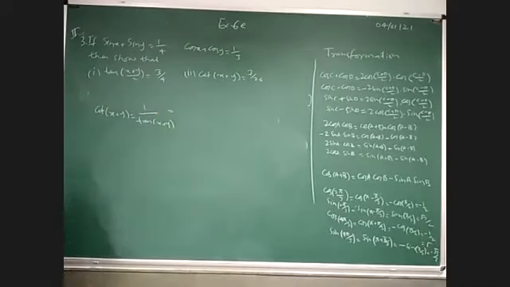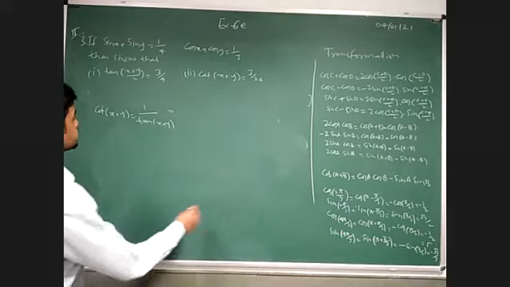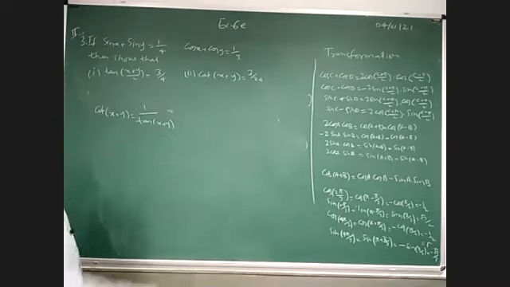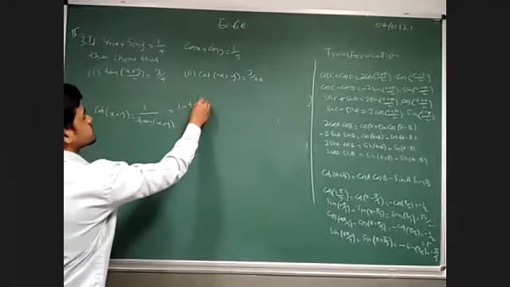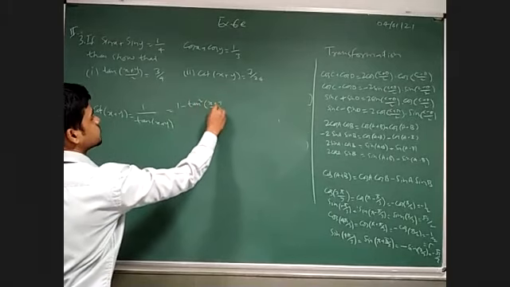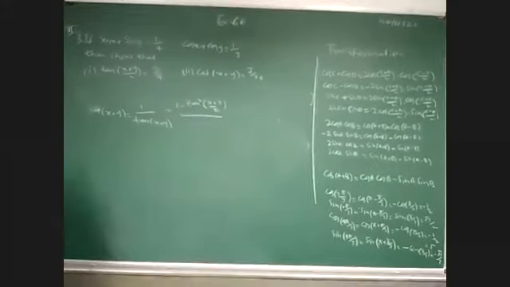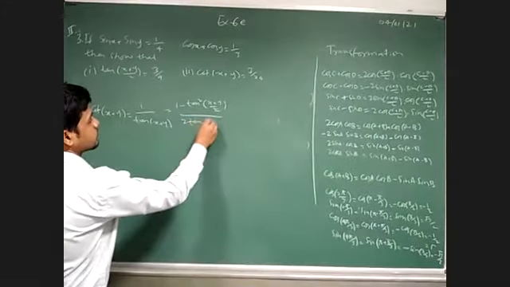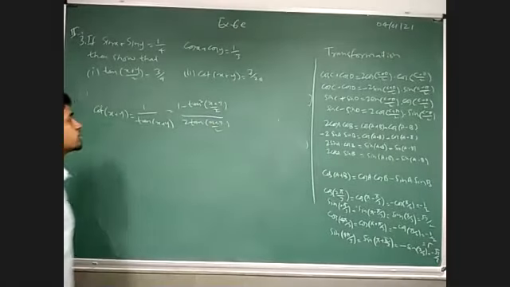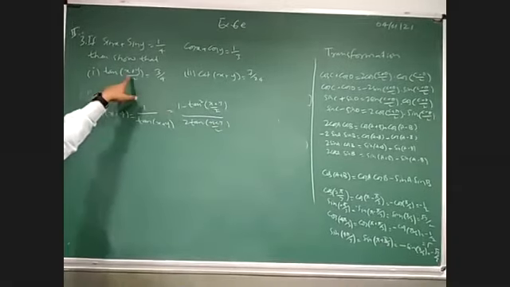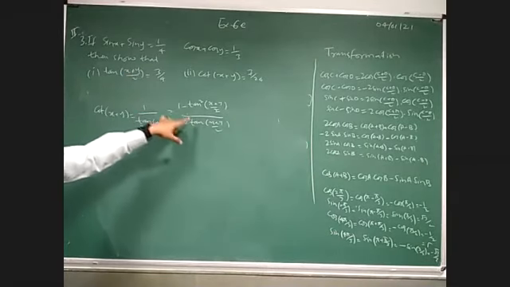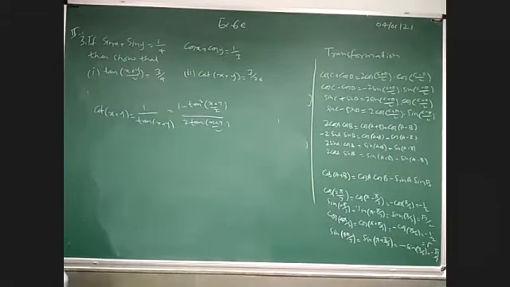So you have to apply the tan(x plus y) formula, that is nothing but 2 tan((x plus y) by 2) by 1 minus tan square((x plus y) by 2). We know the value of tan((x plus y) by 2), so just put the value and you will get the answer. Okay, this is it.